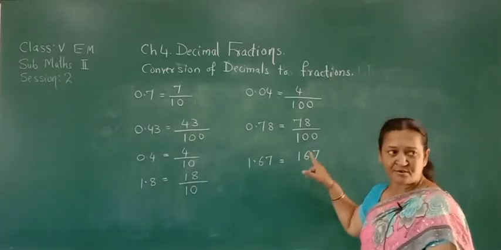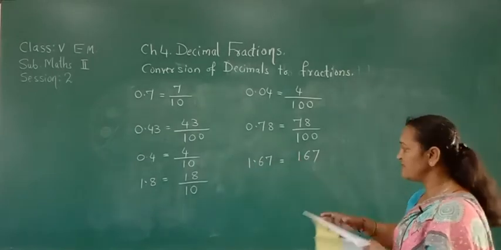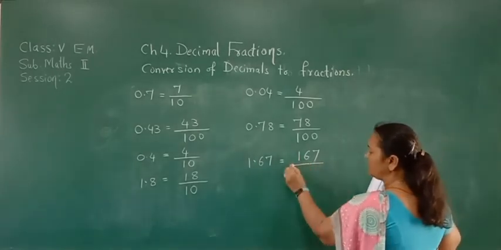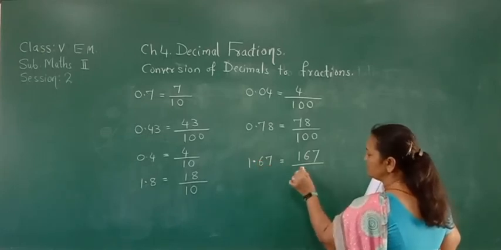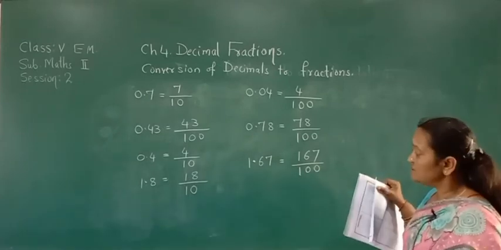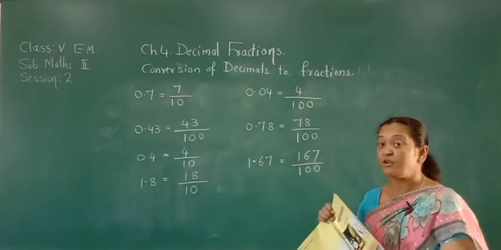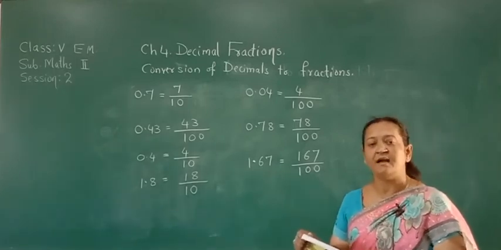The integral part also you should write. 1.67, write 167, draw one line. Then after the decimal, how many digits are there? 2 digits. So write 1 and write 2 zeros. So 1.67 you can write as 167 divided by 100.